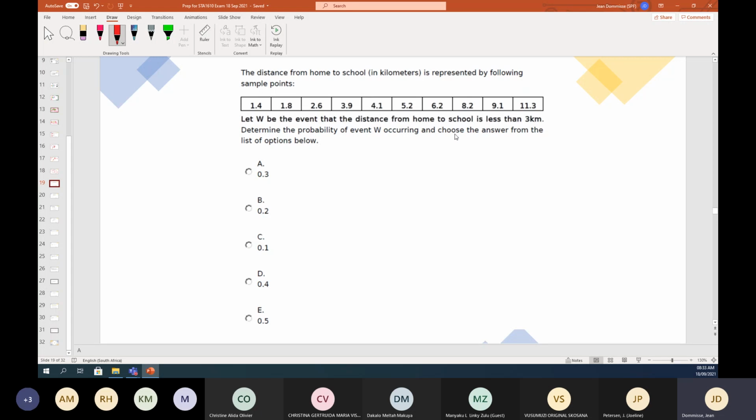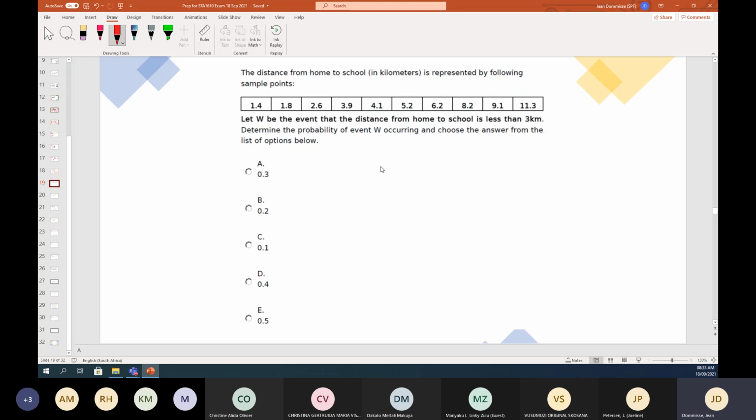Okay, so this one is a very straightforward question. Let W be the event that the distance from home to school is less than 3 kilometers. Determine the probability of event W occurring and choose the answer from a list of options below.